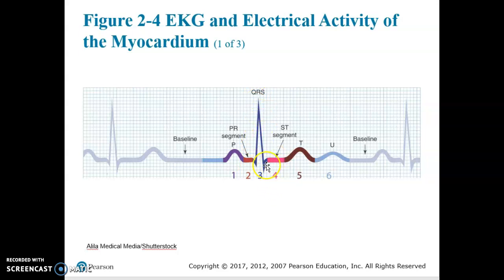It starts with the S and ends with the beginning of the T. So this flat line between that S and that T is the ST segment. But the actual QRS complex, this is the QRS complex, but this is the Q, this is the R, and then this is the S.